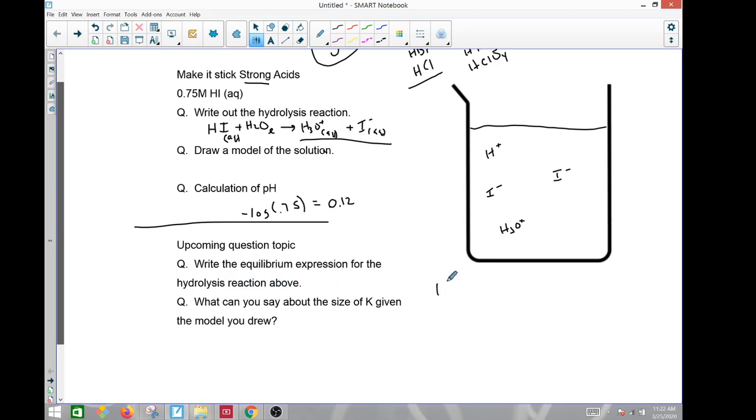The K value, we might call it Kc if you'd like, just using concentrations, is the product concentration, so H3O plus, and then we have I negative. And then the bottom is the concentration of HI, and then we don't include water because it's a pure liquid.